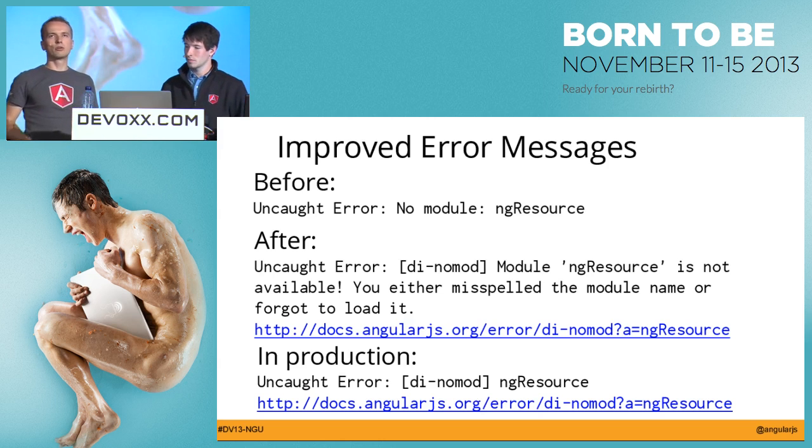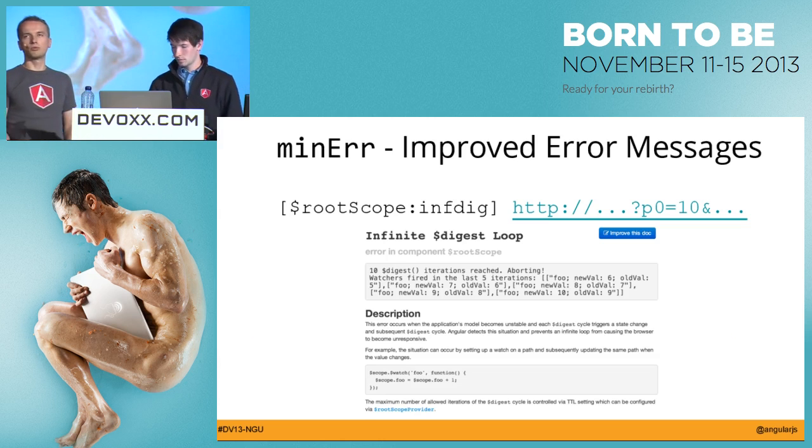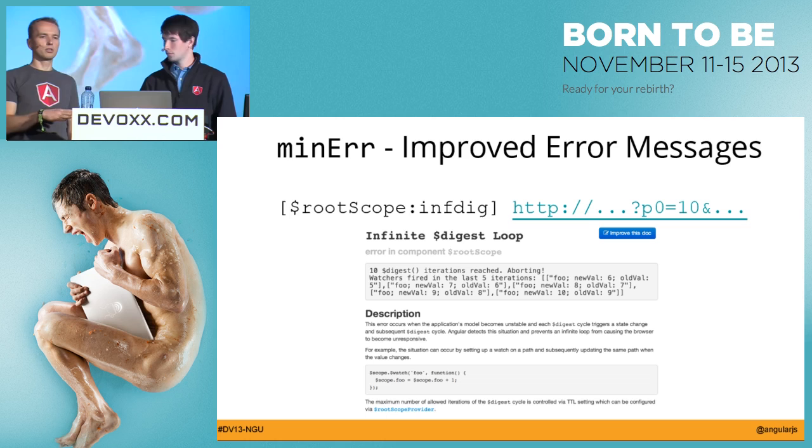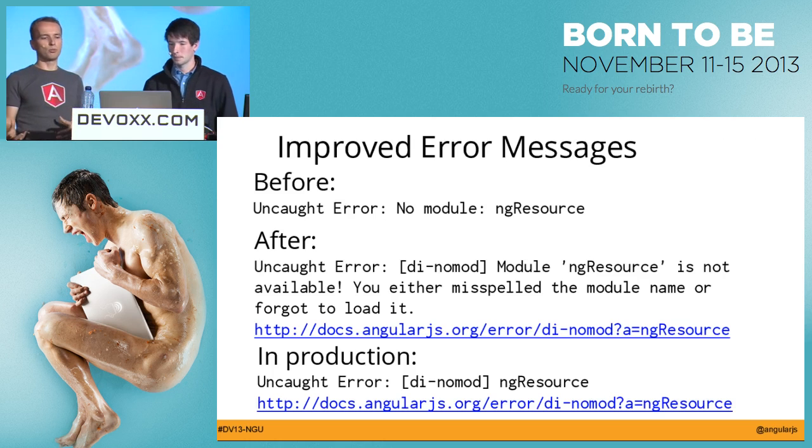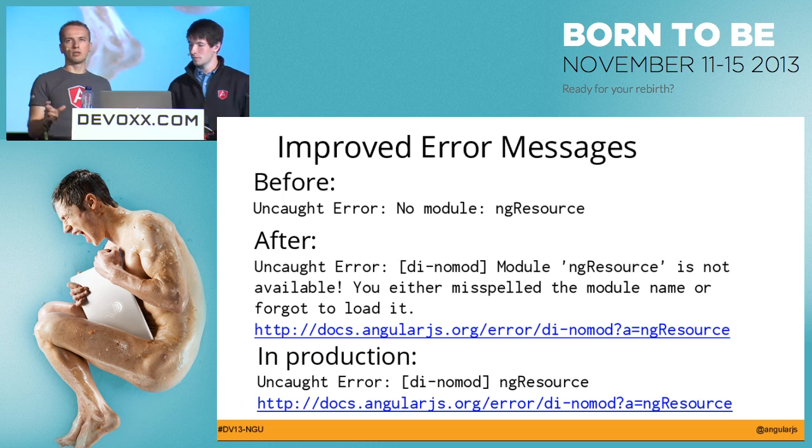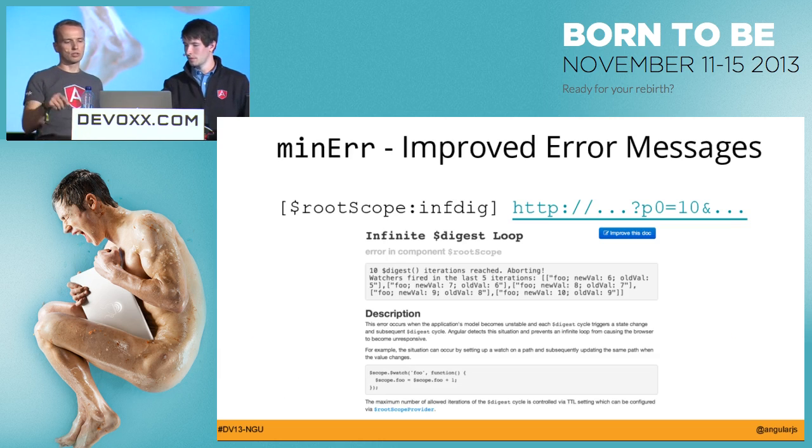So we also created a documentation page for every single error message. This page will tell you this is the error, these are the common situations when the error occurs, and these are the ways you can solve or mitigate the problem. This is what the page looks like. And the link to this page is provided in the error message that is thrown in the console, so you can just click on it.